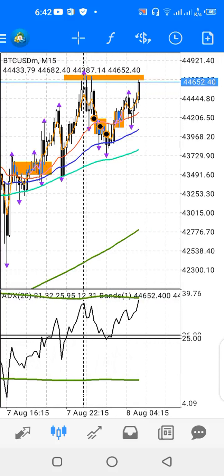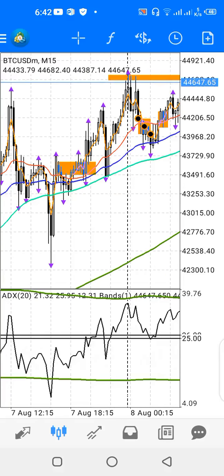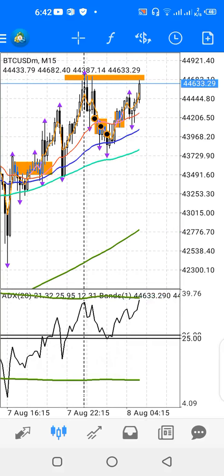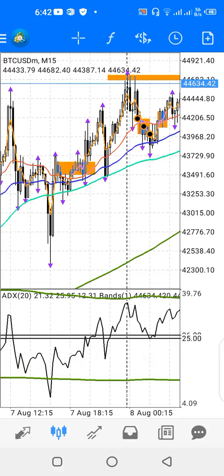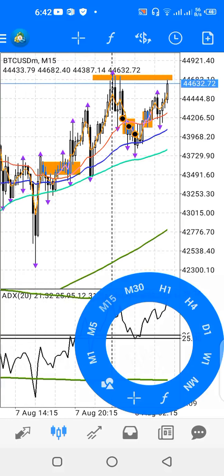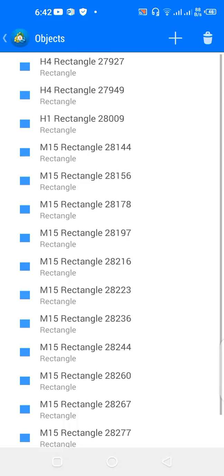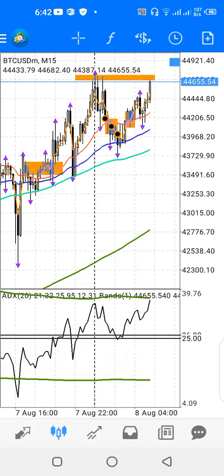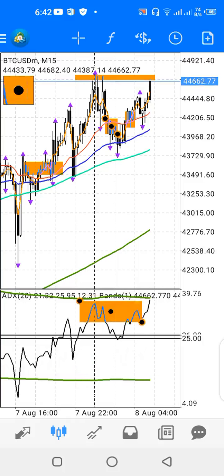Okay, if you go to indicator window 1, you have ADX. Okay, and then you have bands. These are the bands. This is the lower band. This is the upper band.